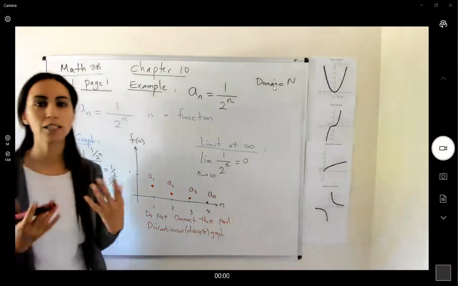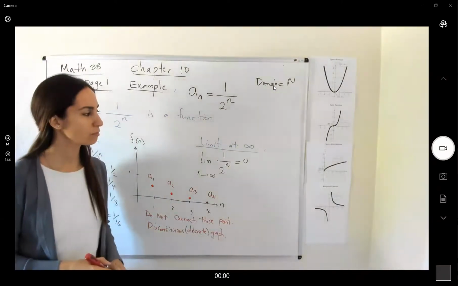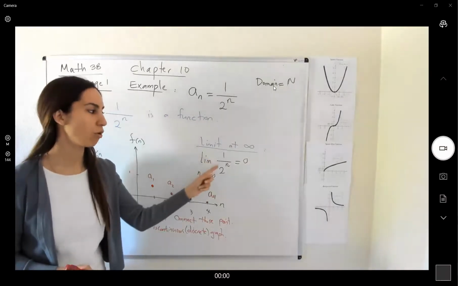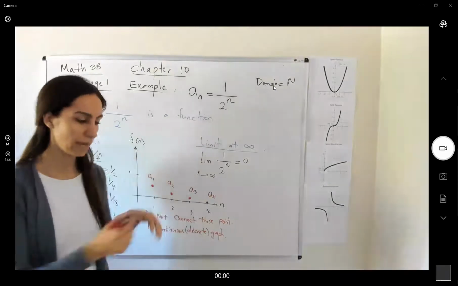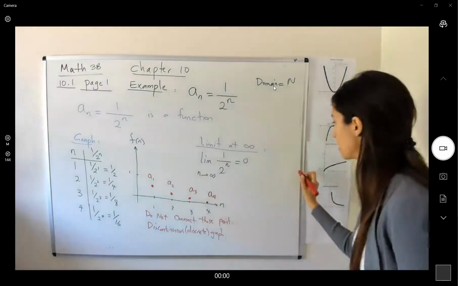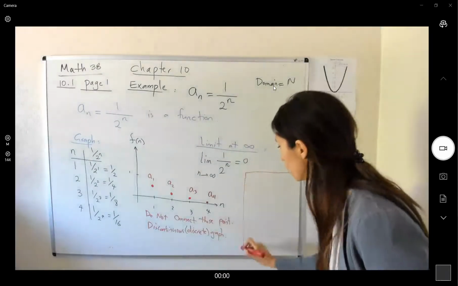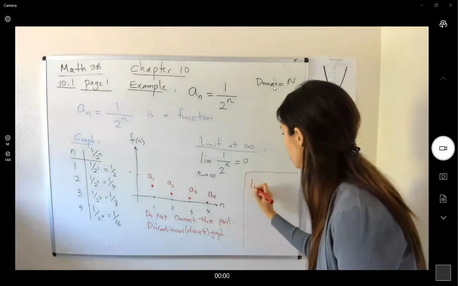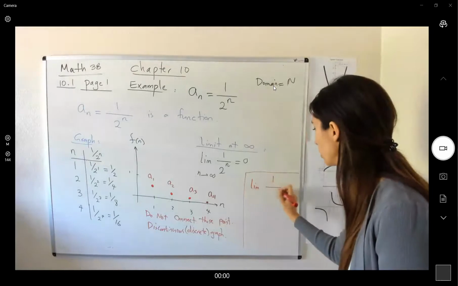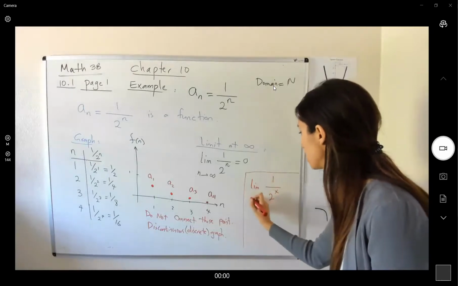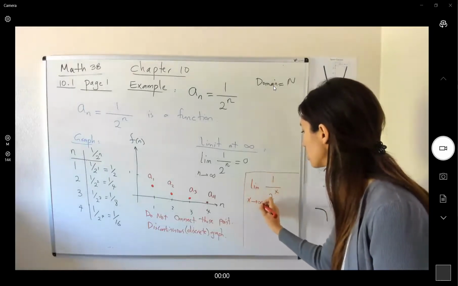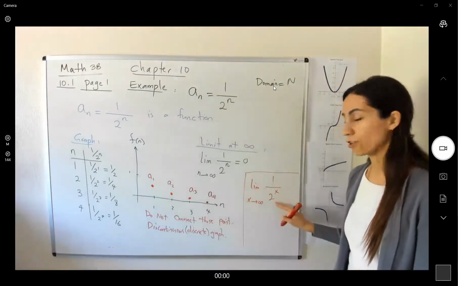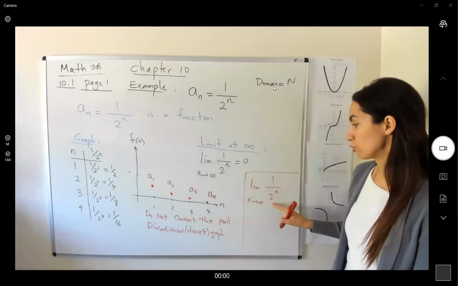So I expect you to ask, what's the connection between the limit of 1 over 2 to the n and the limit of this function that you learned in Calc 1? How do you calculate the limit of 1 over 2 to the x as x approaches infinity? In this case, remember that on the denominator, you have 2 to infinity.